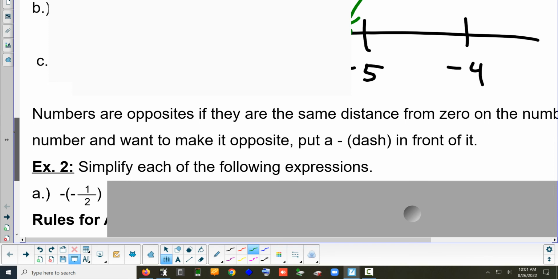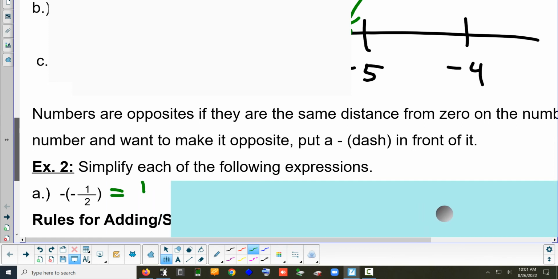So what would that be? What's the opposite of -1/2? Or you could say, what's -(-1/2)? Same thing. Yes, Alex? 1/2. 1/2, yeah. That's going to be equal to 1/2. So when you have two negatives next to each other like that, they cancel out. We're going to see that in subtraction problems in a minute.